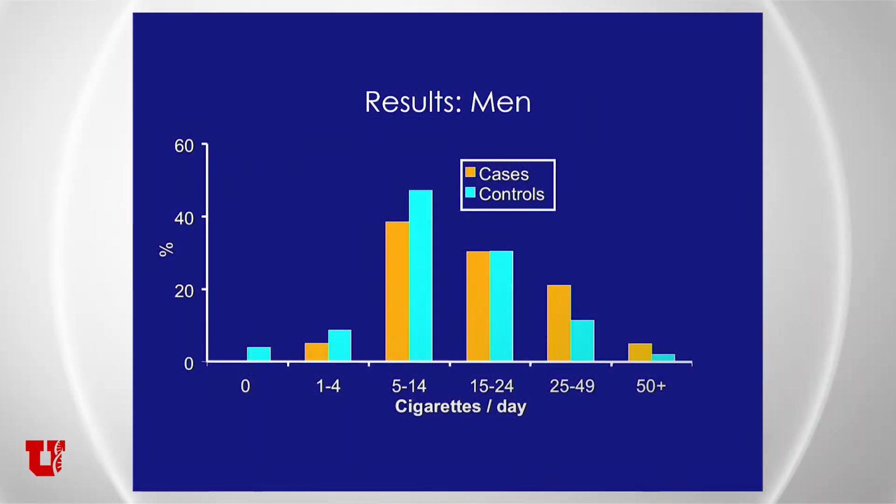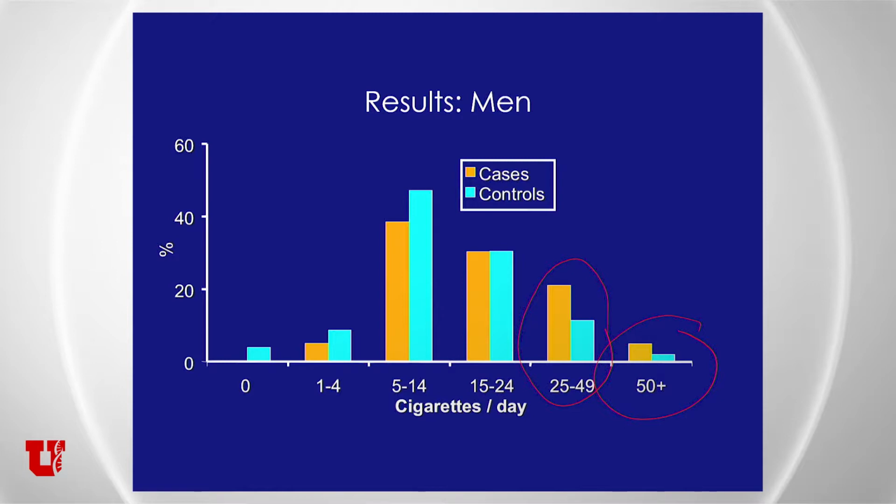Another aspect of the same case control study was looking at the number of cigarettes per day that each individual reported that they smoke. With the cases being in orange and the controls in that aqua color, we do see that especially among very heavy smokers, 50 or more cigarettes per day or 25 to 49 cigarettes per day, cases, the orange, really do predominate.